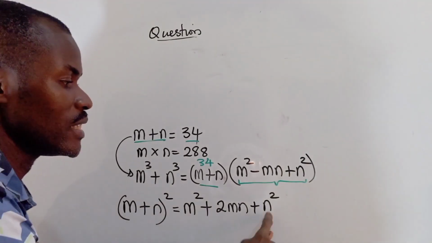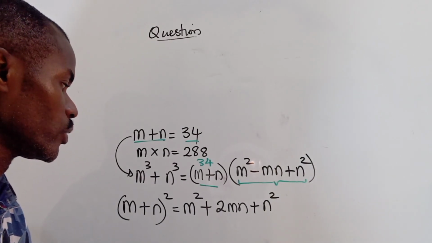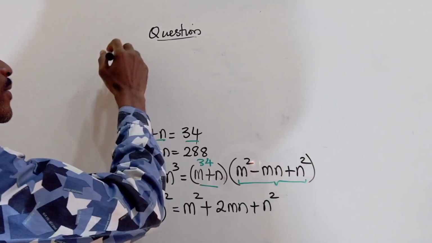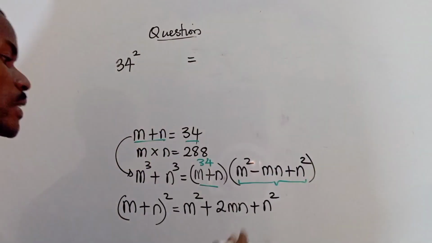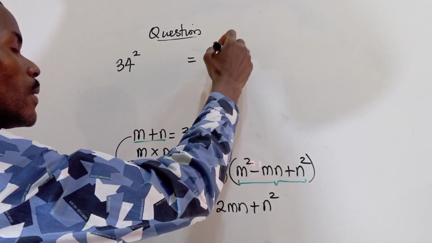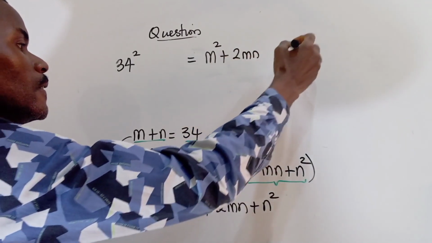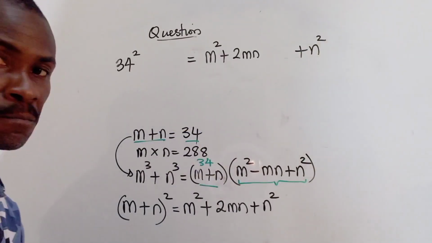So we want to manipulate this in such a way that it gives us this. How do we do that? Remember our m plus n here is 34. So I have 34 squared equals m squared plus 2mn plus n squared.